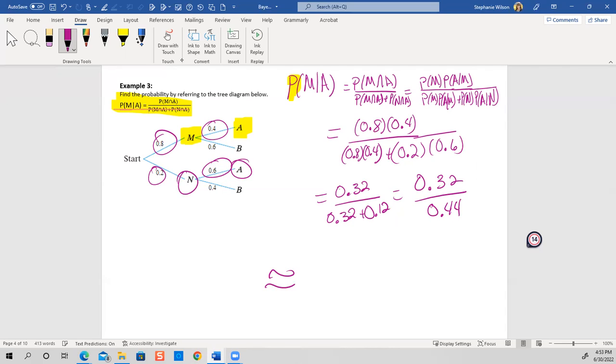And now let's divide. 0.32 divided by 0.44. And let's round to the nearest hundredths. And that answers the question. The probability is approximately 0.73.